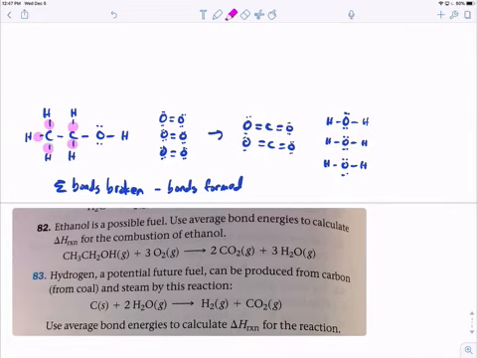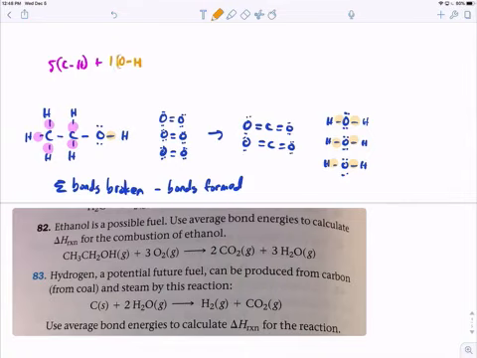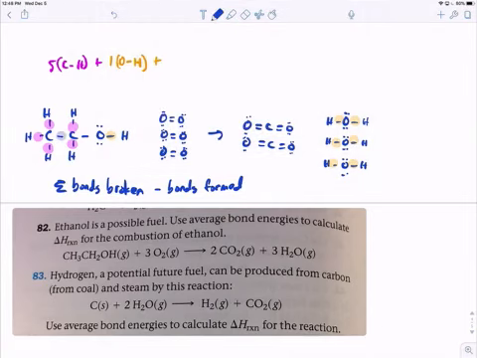We are breaking 5 carbon-hydrogen bonds, plus 1 oxygen-hydrogen bond, plus 1 carbon-carbon single bond, plus 1 carbon-oxygen bond.